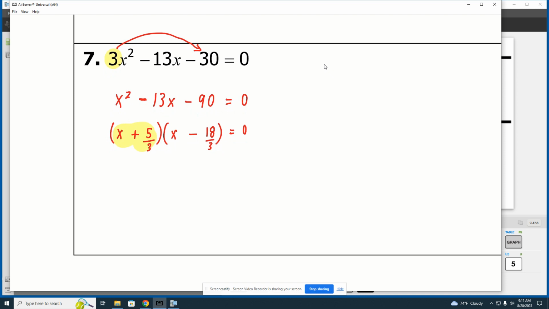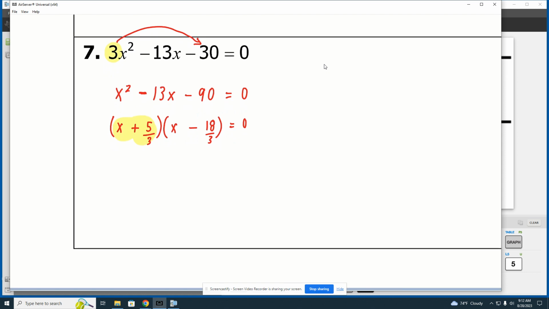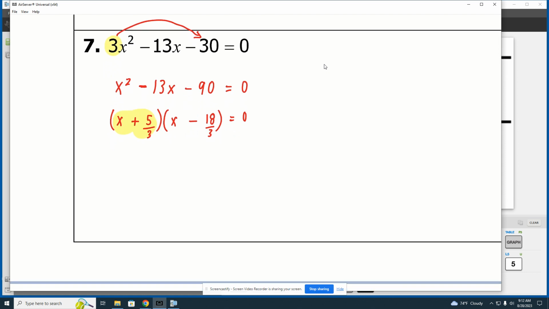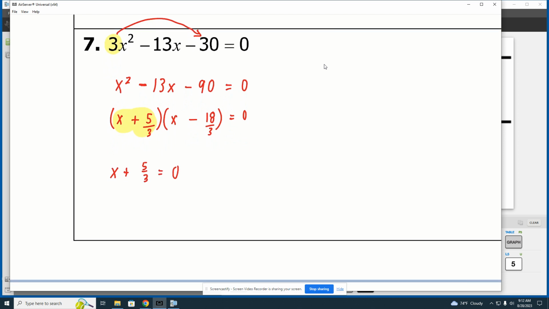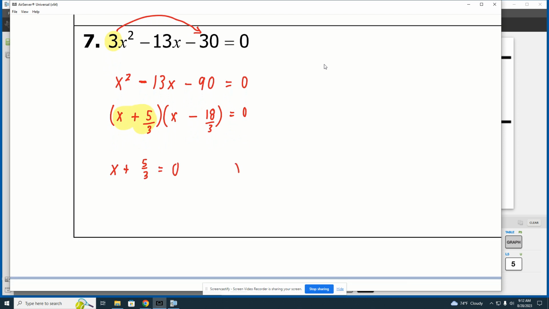But I'm not asking you just to factor. I'm asking you to solve by factoring. And what are you going to do with these factors anyways? So save a step and just go ahead and take x plus 5/3 and set it equal to 0. And then, of course, what's the other one? What is 18 divided by 3? So x minus 6 and set it equal to 0.